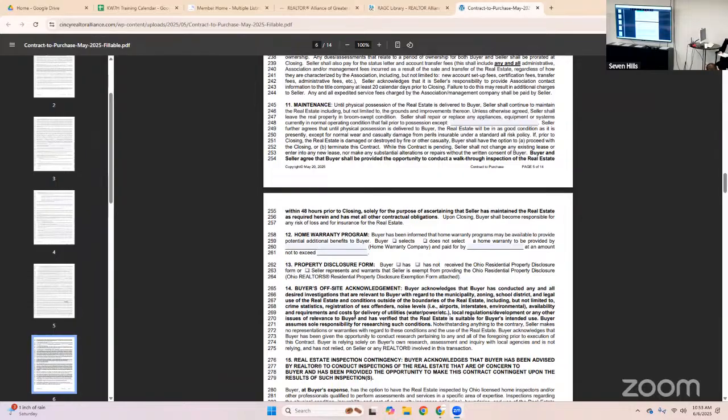So whenever you're getting ready to write an offer, you need to make sure that it is a property that is approved. Now, some lenders also will pull out one unit and approve that unit to be sold. So it's a little more complicated. It used to be just a blanket for the entire community. It still is a blanket for many of the communities, but some of them have individual units that can be approved.